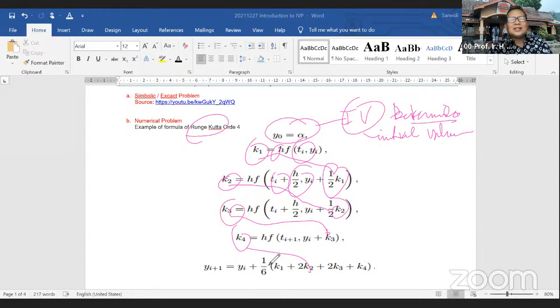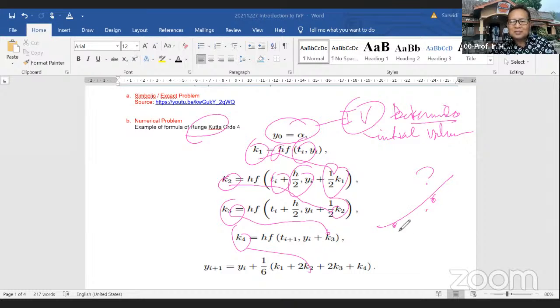So this is to try to find the solution, making it better and better. We predict the next step, y at i plus 1, for example, and then we'd like to see here.